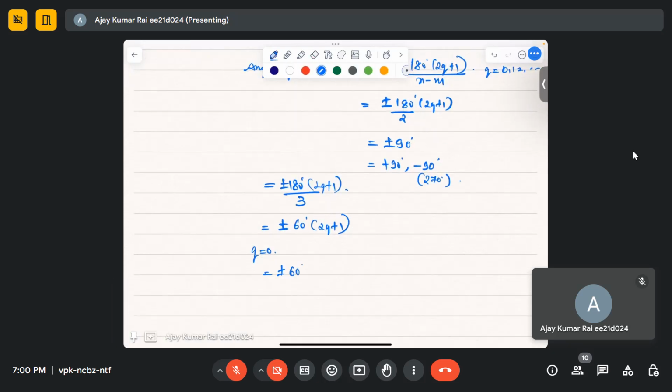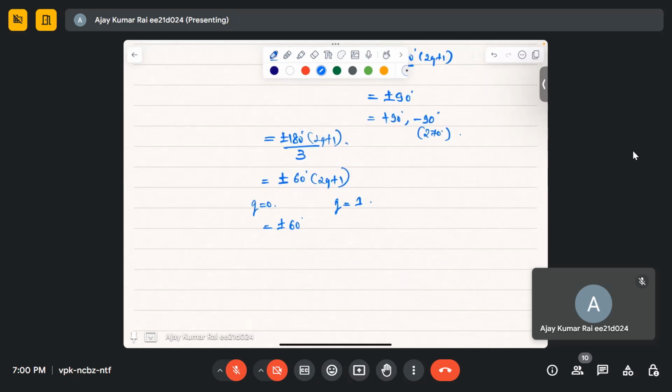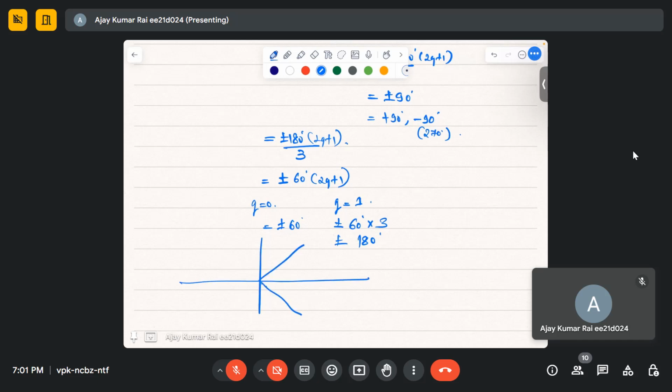Plus minus 60 degrees. Then q equal to 1: 60 into 2 times 1 plus 1, which is 3, so 60 into 3 is 180. So you get 60, minus 60, and 180.